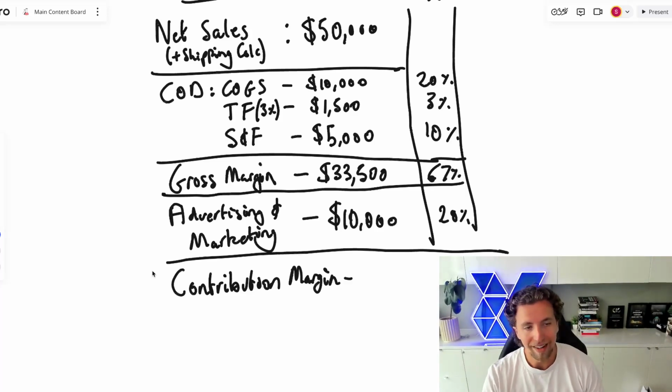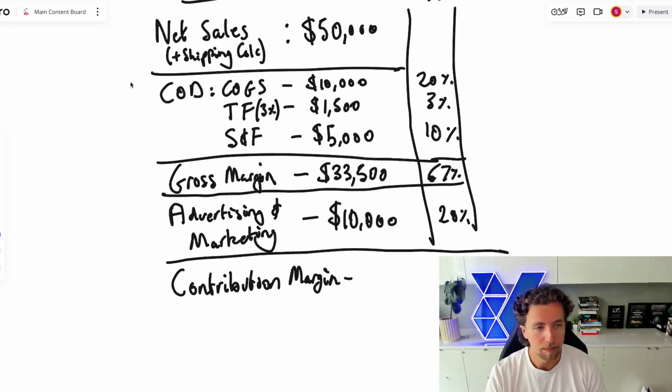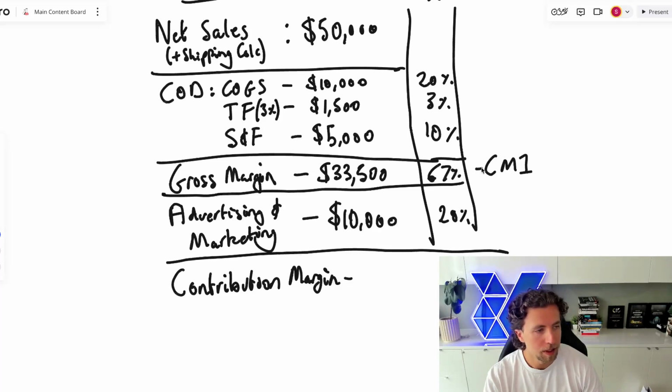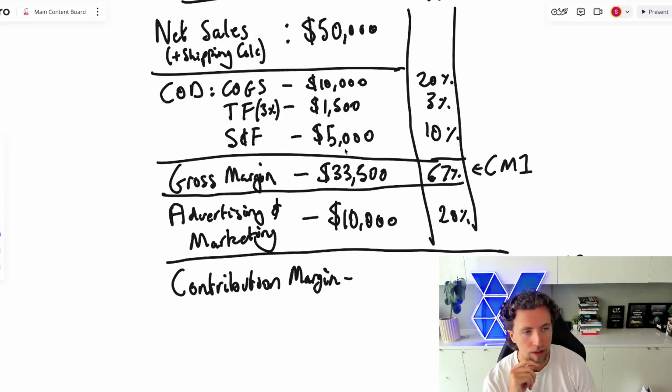Contribution margin 1 is the same as product margin. And so we've technically already calculated CM1, which is gross margin right here. Contribution margin 2, which is what we're calculating now, is where all of your cost of delivery is minused off, plus your advertising and marketing has been minused off.